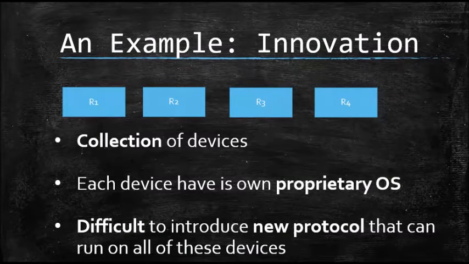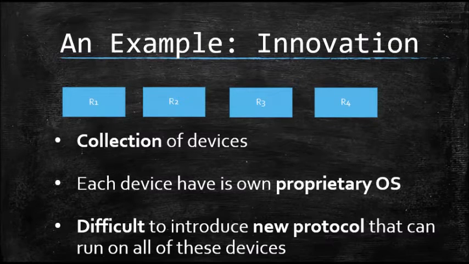How does SDN bring innovation in networking? I'd like to explain this with a simple example. As we know, a network is a collection of many devices, and a large network will consist of thousands of devices.